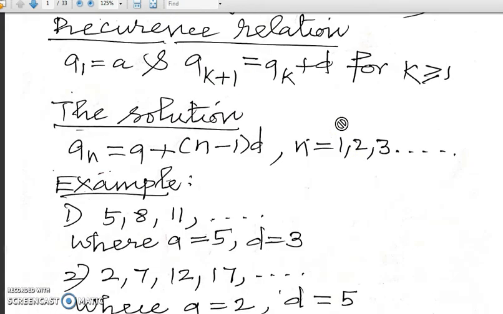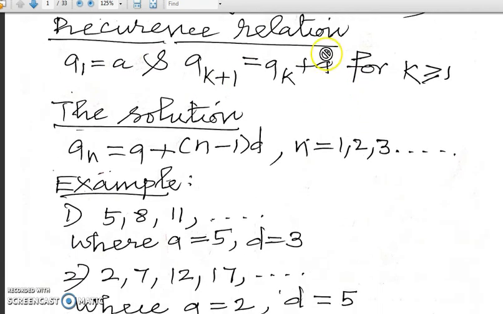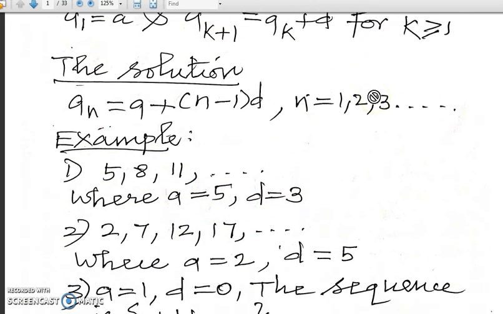For this we can find a recurrence relation where a1 is equal to 5 and a(k+1) equals a(k) plus 3. You will get this particular sequence. Therefore this is a solution of this recurrence relation.